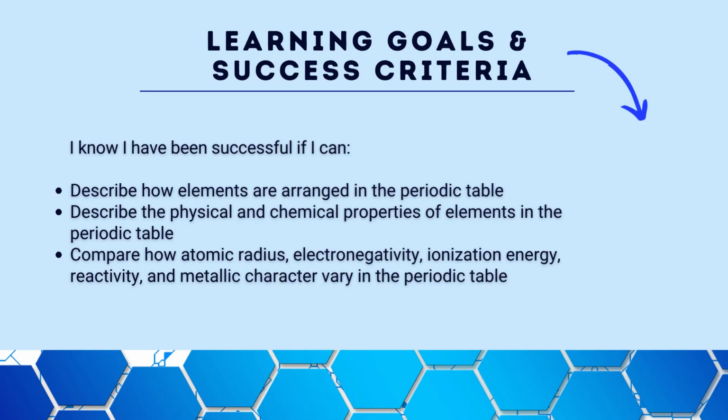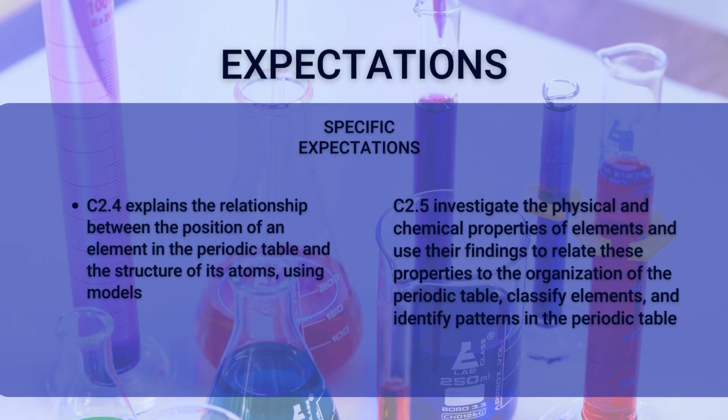Ask yourself, are you able to describe how elements are arranged in the periodic table, describe the physical and chemical properties of elements in the periodic table, and compare how atomic radius, electronegativity, ionization energy, reactivity, and metallic character vary in the periodic table. The specific expectations targeted within this lesson include C2.4 and C2.5.